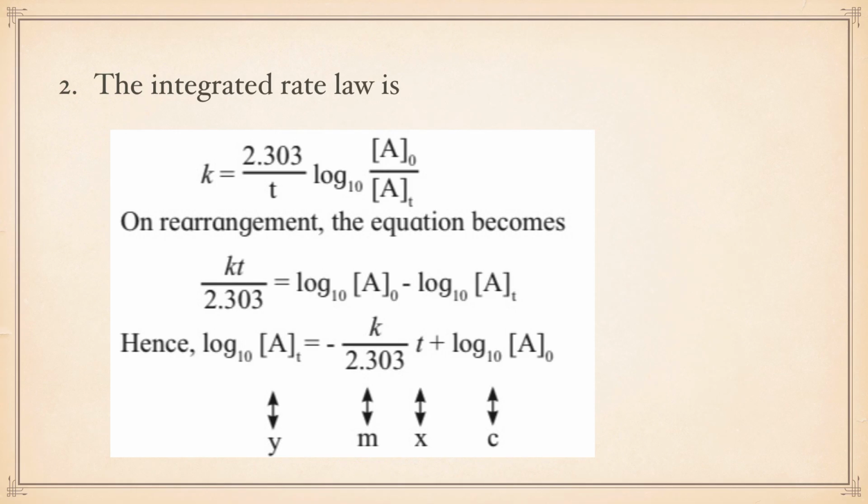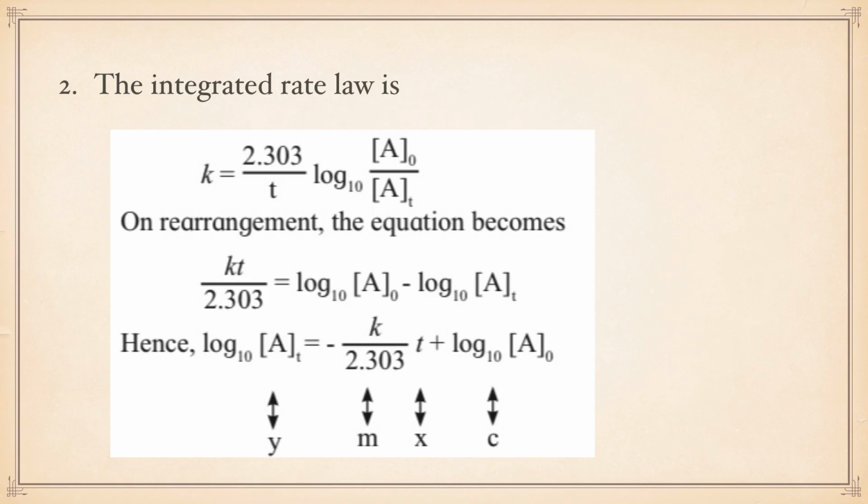If I just see this equation, you can say that this equation is in the form of y = mx + c, where y is log10 [A]t and m is equal to minus k/2.303, x is t and the intercept is log10 [A]0.